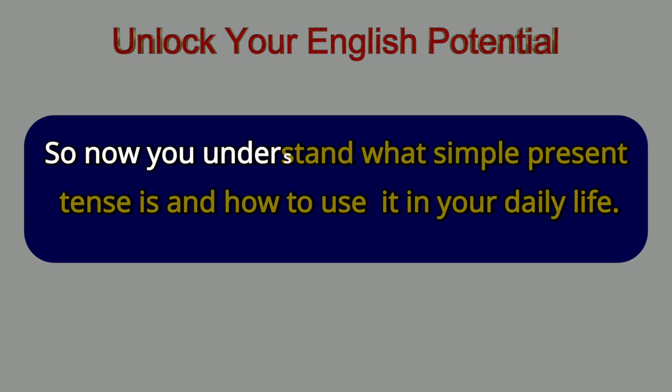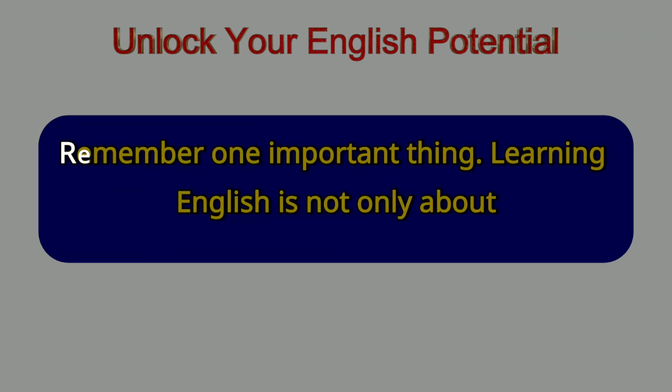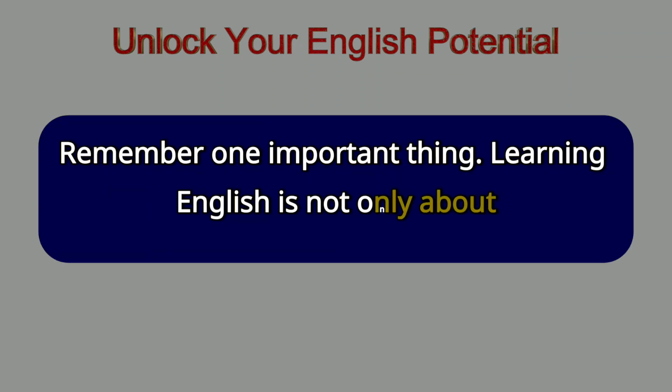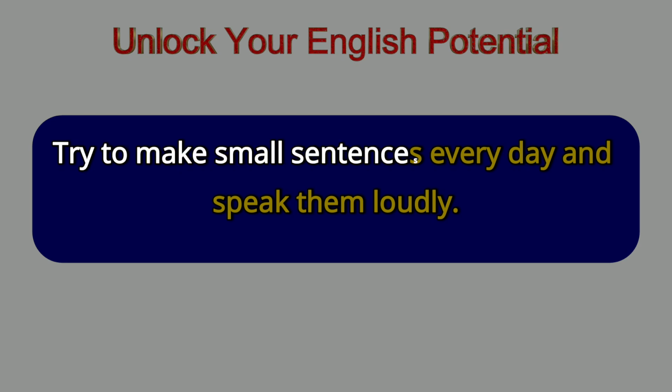So now you understand what simple present tense is and how to use it in your daily life. Remember one important thing. Learning English is not only about reading or understanding. You must practice speaking regularly. Try to make small sentences every day and speak them loudly.